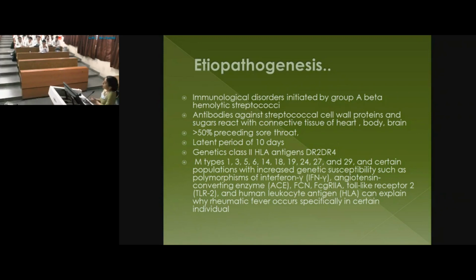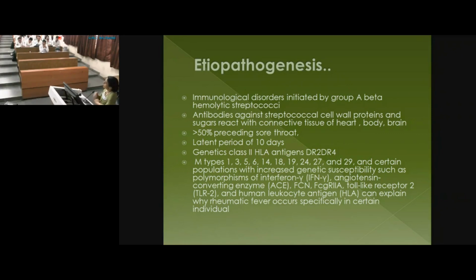Now, why do some people have rheumatic heart disease and others don't? There is a genetic susceptibility also. There is no clear-cut HLA type or gene where we can say this patient has this type and this is why it occurs. We don't have a clear-cut etiology, but we find that a lot of children have streptococcal sore throat, but not everybody has heart disease.